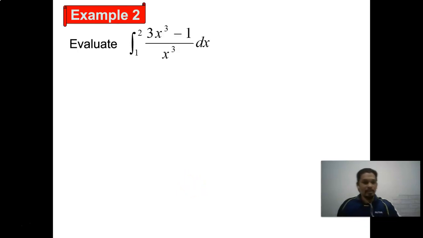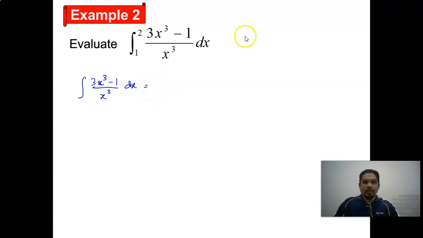Okay, evaluate this one now. The integral of (3x cubed minus 1) divided by x cubed dx. Let's separate this into two parts.